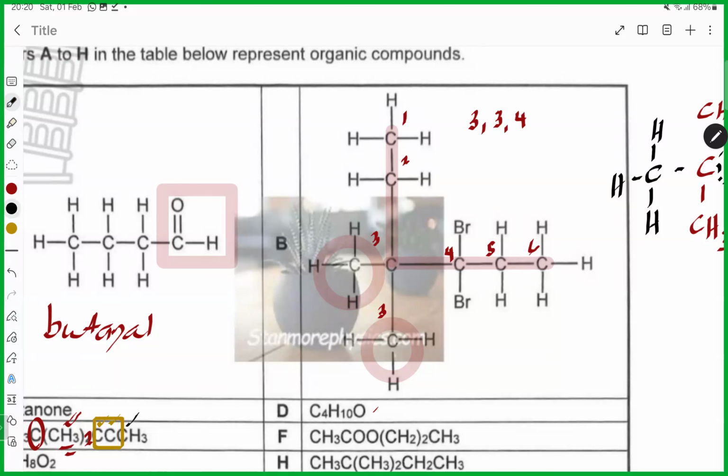But if I start from the right, it will be 3 and then 4 and 4. You start from the side with the lowest combination of numbers when you are naming. So you are going to start off from the side with 3, 3, 4, not from the side with 3, 4, 4.